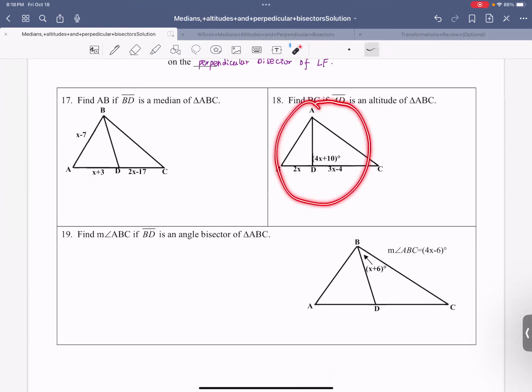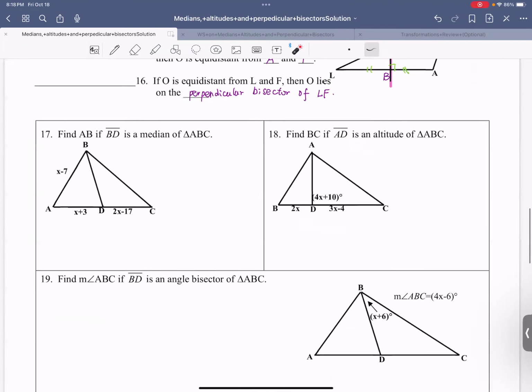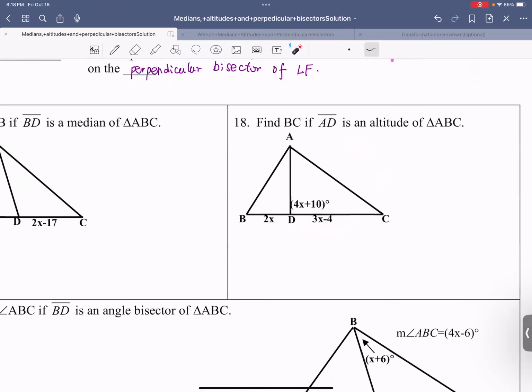Let's look at here. They give you this thing. They give you this degree, this angle. And they said AD is altitude. Mia, go ahead. Based on the given condition, we want to find out the BC. They give you this angle.